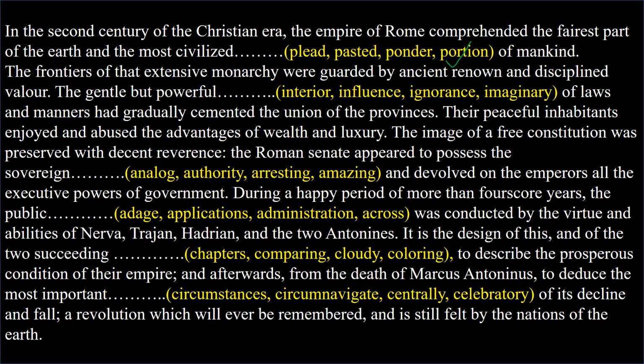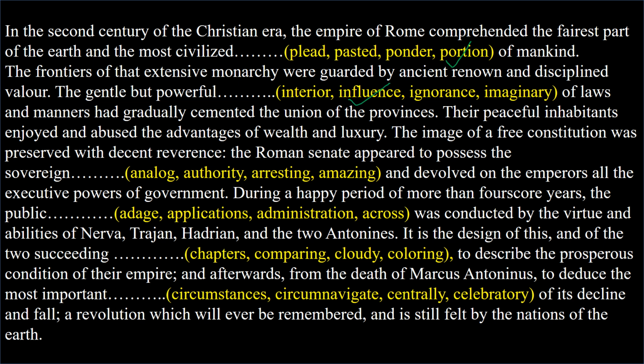The frontiers of that extensive monarchy, means king rule, were guarded by ancient renown and disciplined valor. The gentle but powerful, and in the bracket you can see interior, influence, ignorance, imaginary, of laws and manners had gradually cemented the union of the provinces. So the correct answer will be influence here.